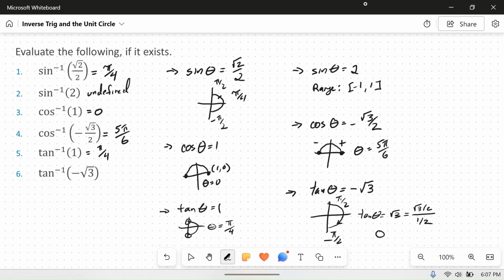In the first quadrant, sine is root 3 over 2, cosine is a half at pi over 6. And again, since I need this to be negative square root of 3, we're going to just make it negative pi over 6. So the inverse tangent of negative square root of 3 is going to be negative pi over 6.